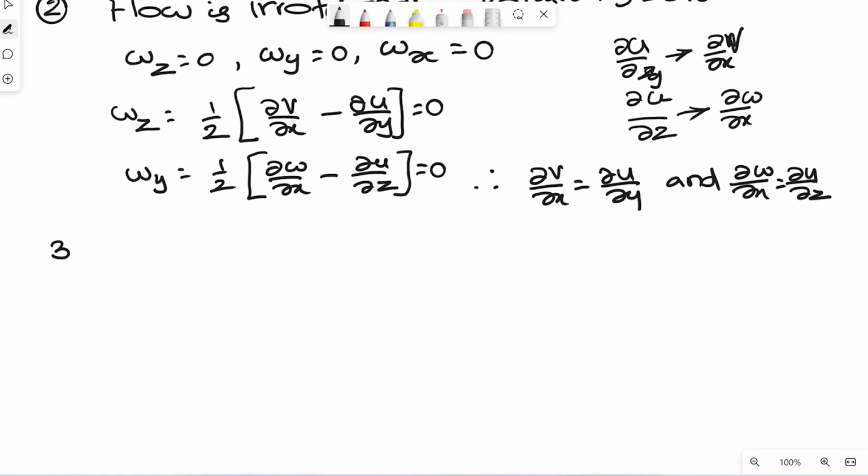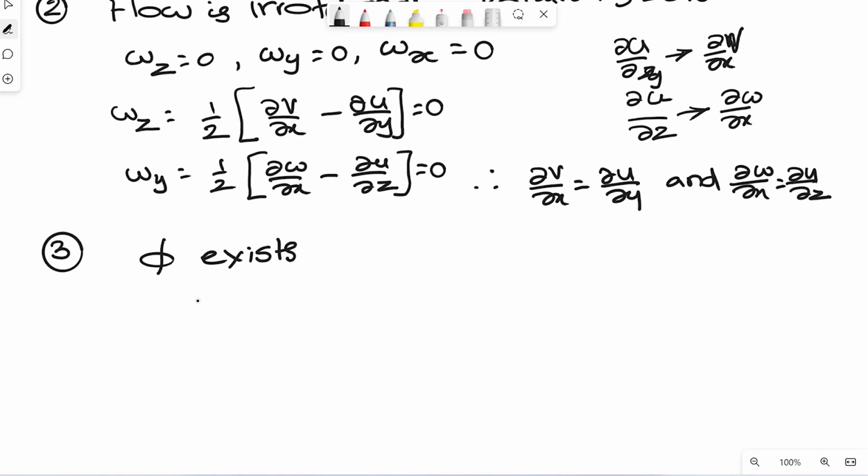Then the third point: if you are assuming the flow is irrotational, automatically the velocity potential exists. So when the velocity potential exists, that means phi exists because the flow is irrotational.